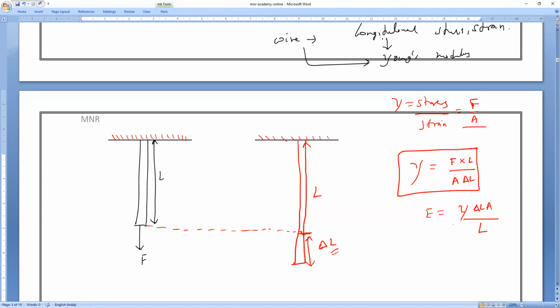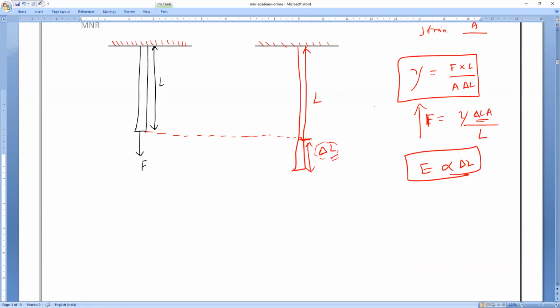Now according to this, if the force increases, the length delta L also increases. So both are directly proportional to each other. Suppose Mr. Pradosh applies 1 Newton force, maybe this much is extended.